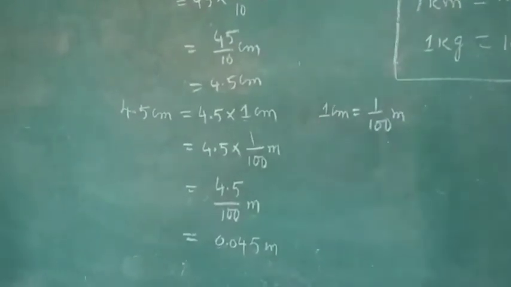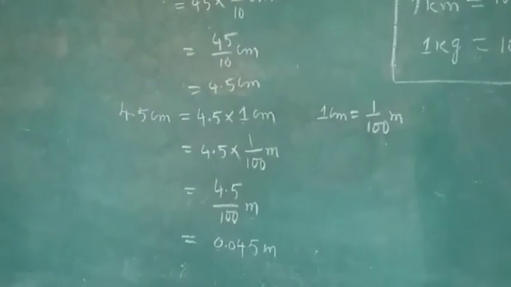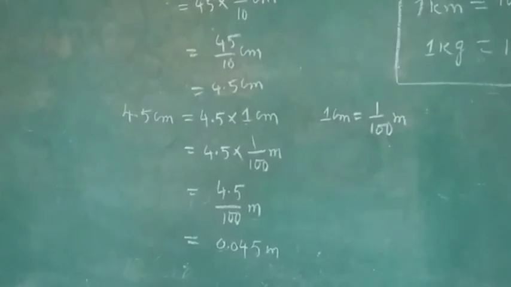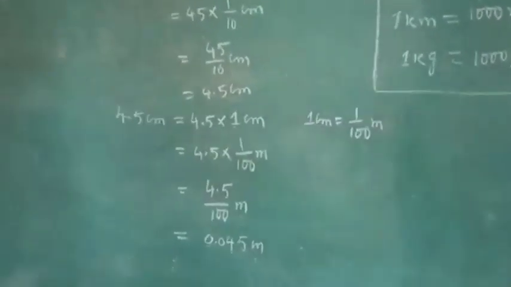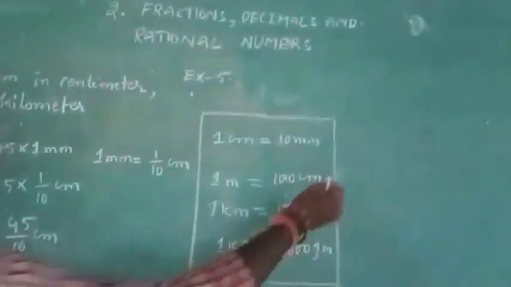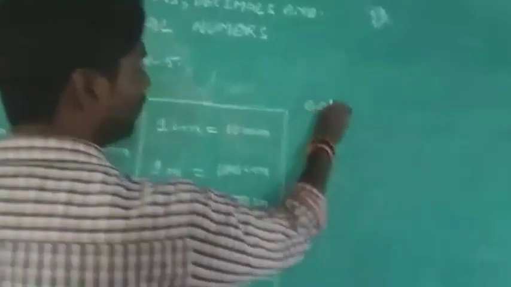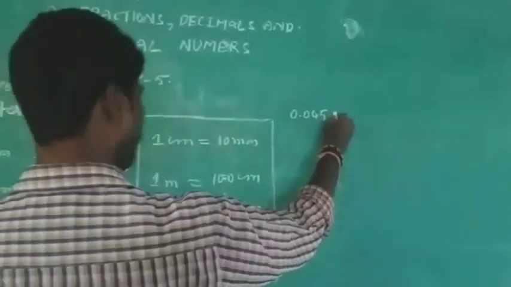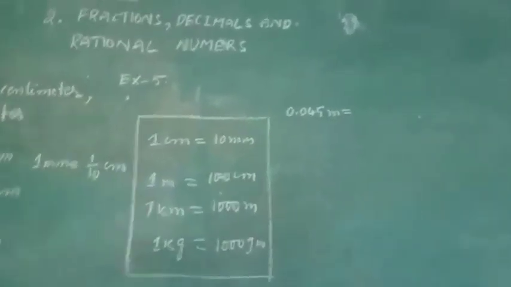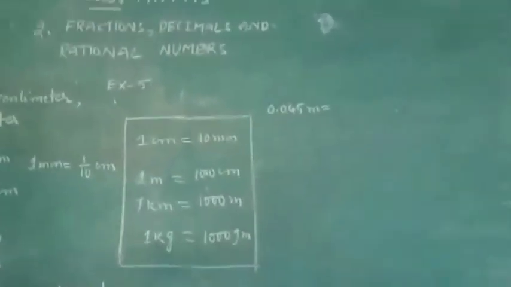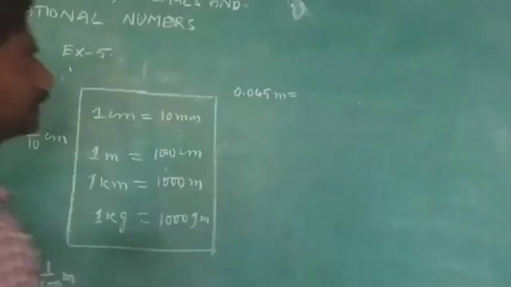So 4.5 centimeters will be 0.045 meters. Now 0.045 meters you are going to change into kilometers. 1 meter is equal to 1 by 1000 kilometers.